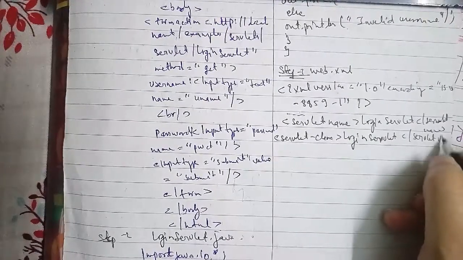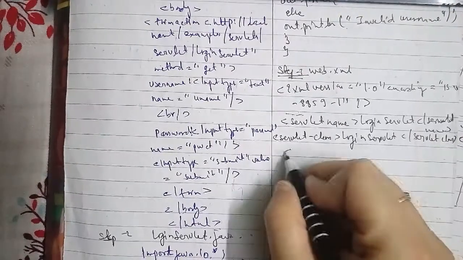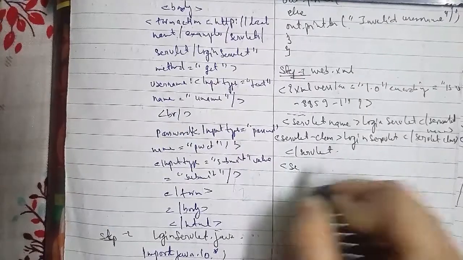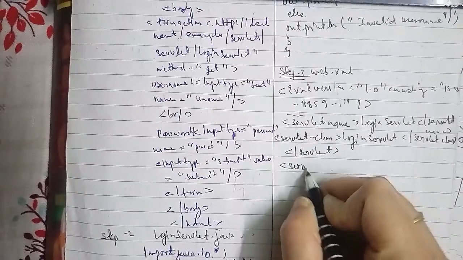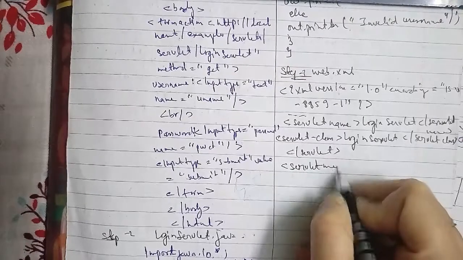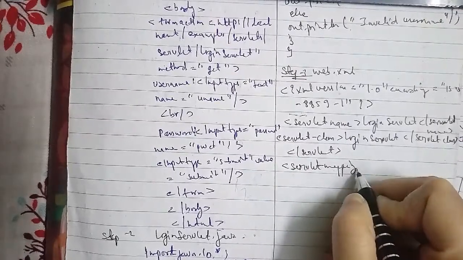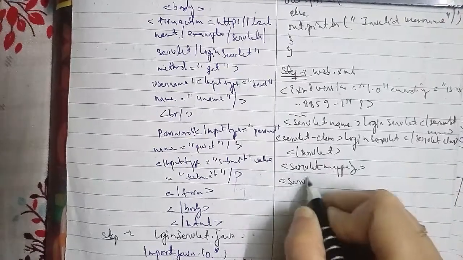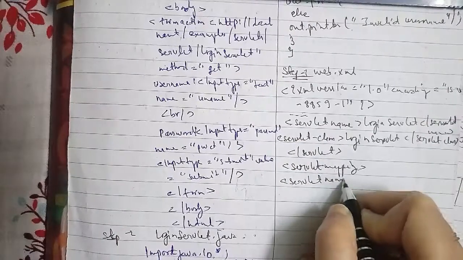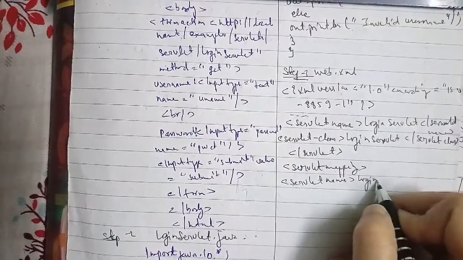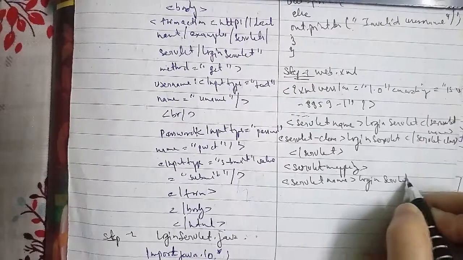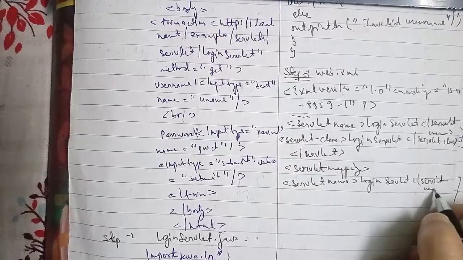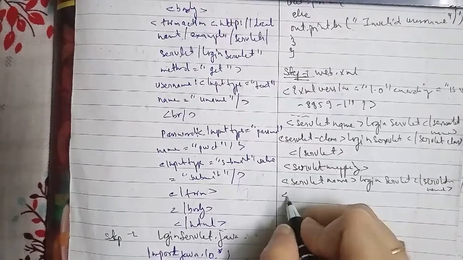Then URL pattern slash servlet slash LoginServlet, and then URL pattern closing. I will close the servlet mapping. Okay, so this is all what we have to do in step 3 here.